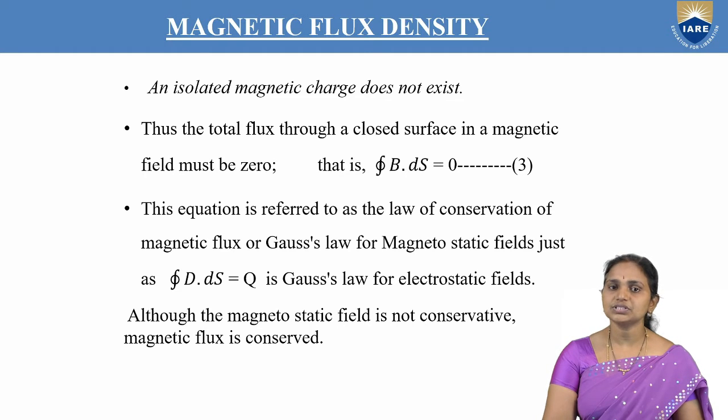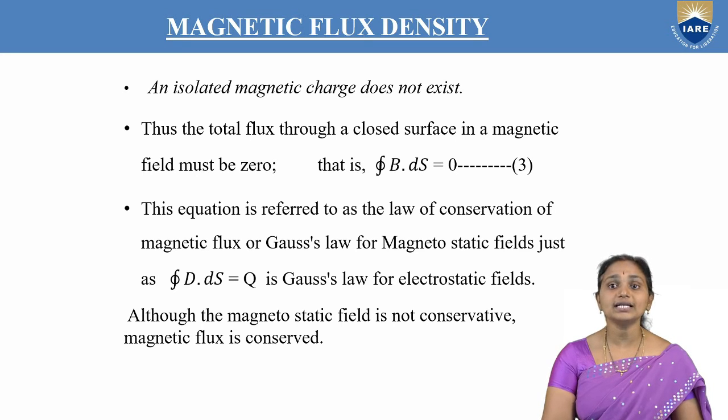But for the electrostatic field, closed integral E dot dl equals 0. That says the electrostatic field is conservative. But the magnetostatic field is not conservative, whereas magnetic flux is conservative. As magnetic flux is conservative, closed integral B dot ds equals 0.